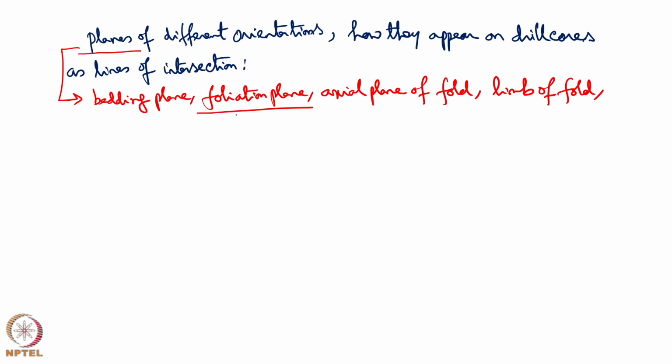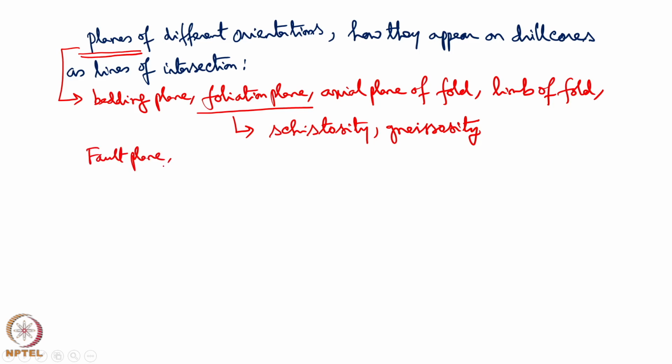In foliation plane we can think of various types, it can be schistosity, it can be gneissosity, this plane can be a fault plane, this plane can be a joint plane or fracture, or this plane can be any other variety of sedimentological cases.